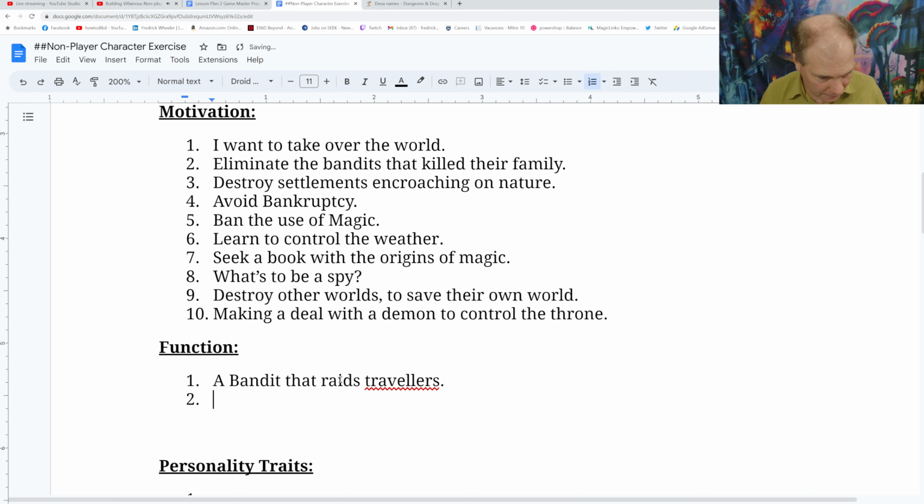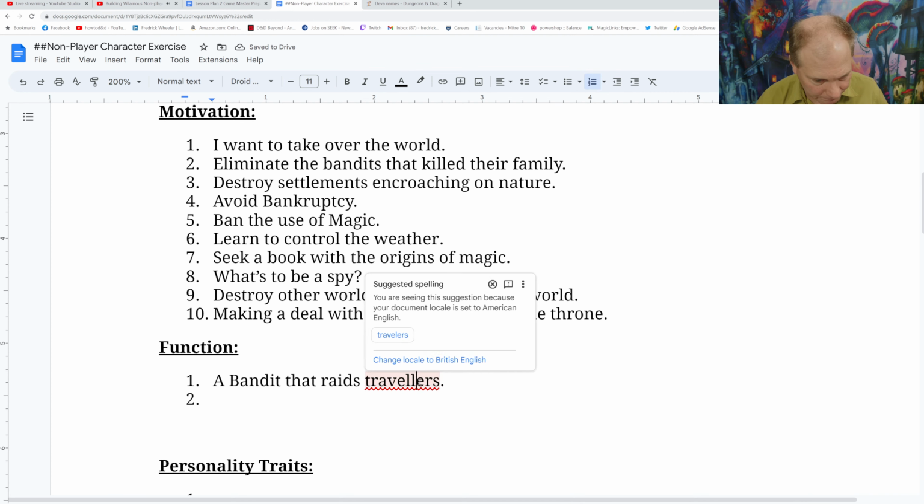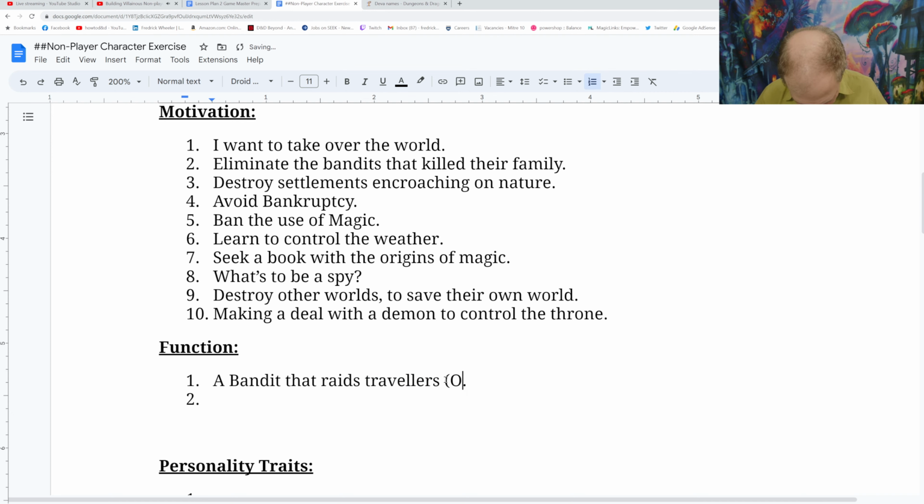Okay, so they're an outlaw, basically. British English, thank you. Outlaw. We've got an outlaw. Of course we've got an outlaw. Okay, next. That was Fred.